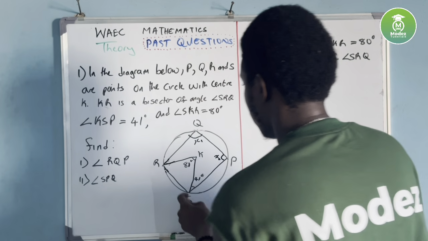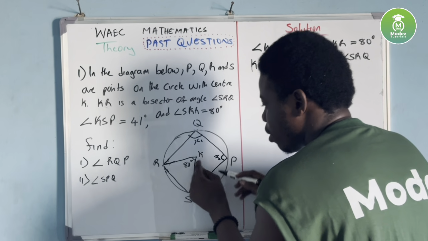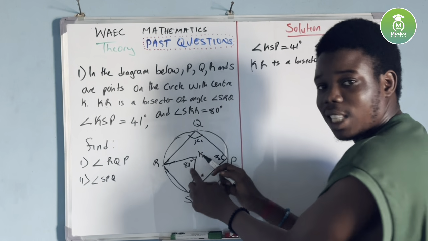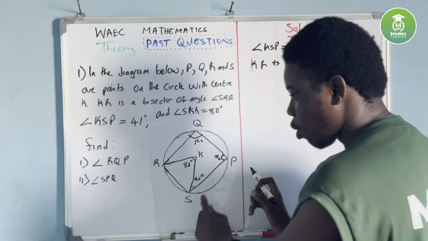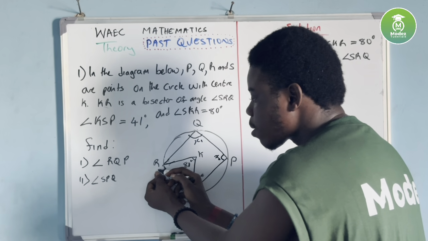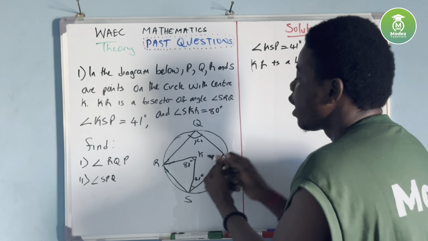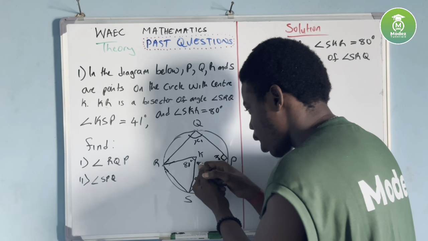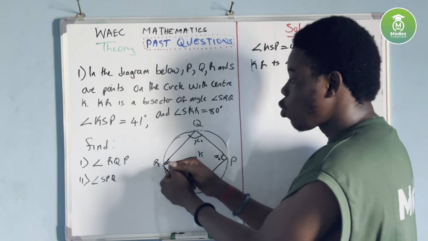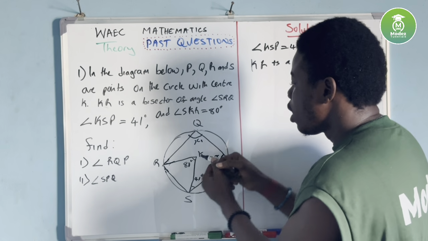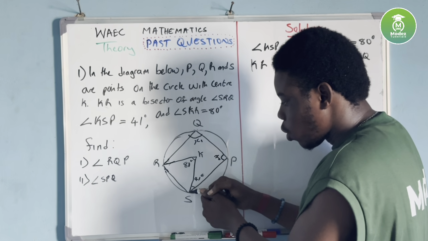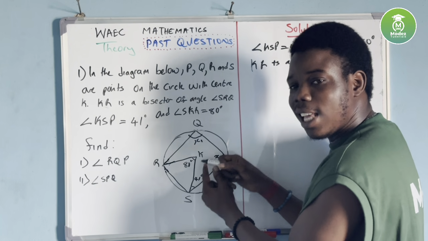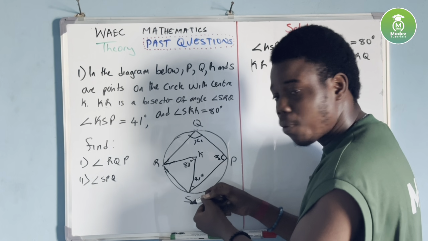Now, since KR, look at this line. This KR is a bisector, right? It is a radius. This is one radius because it draws from the center of the circle to the circumference. That makes it a radius. This also is a radius. It draws from the center to the circumference.